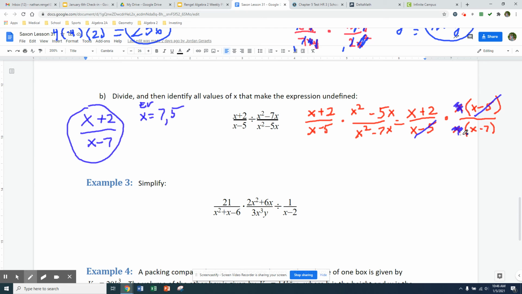And then if this x right here was a 0, that would also make my denominator 0, so anything times 0 is going to equal 0. So my excluded values, I look back at my denominator. Anywhere in my denominator that would make it the possibility of being 0, I'm going to use as my excluded values. All right, and finally, we'll take a look at example 3.